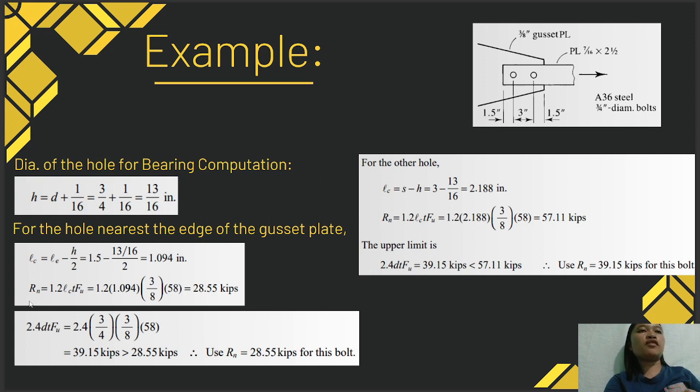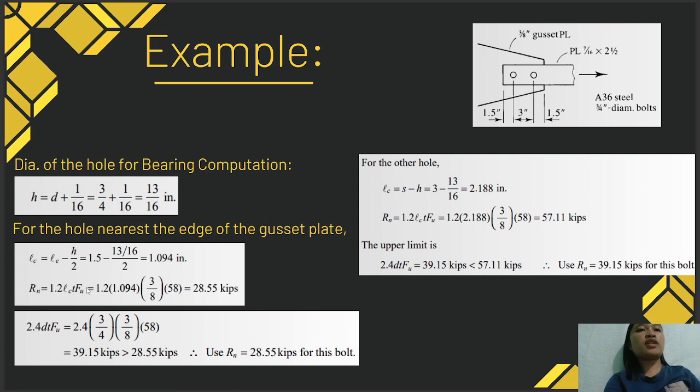Then, we can now solve the bearing strength. Mao siya ang equation. If matandaan ninyo, gikan sa previous nga report, nominal strength is equal to 1.2 times LC times T, or the thickness of the gusset plate, times the FU.